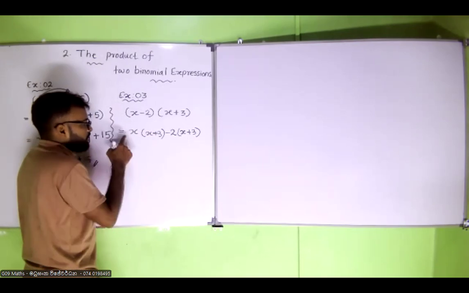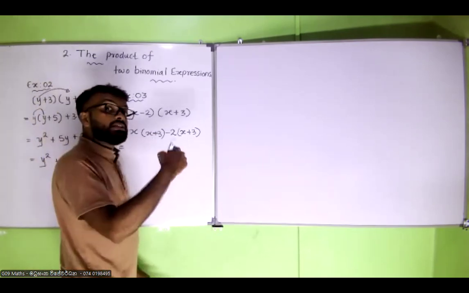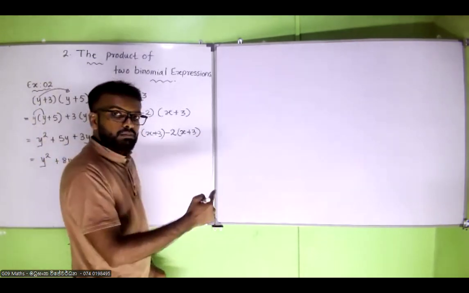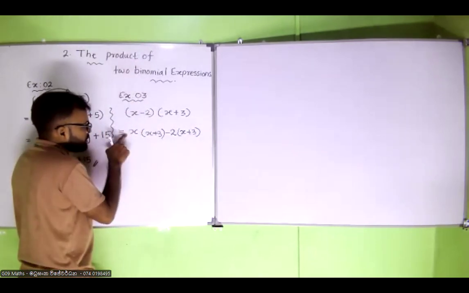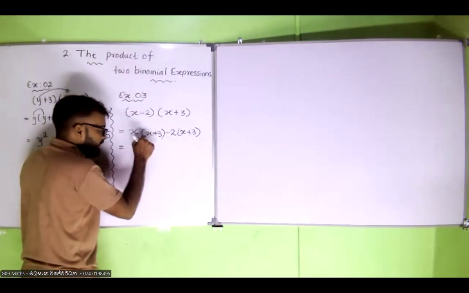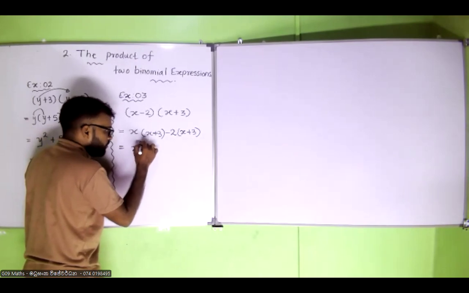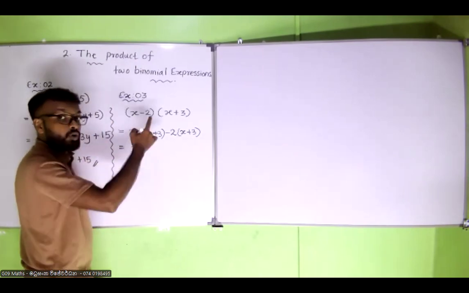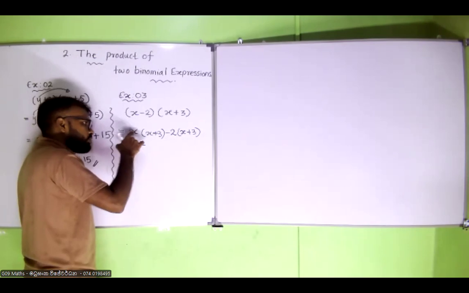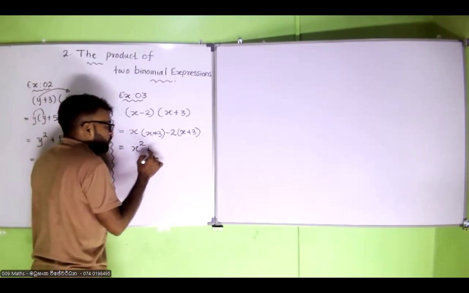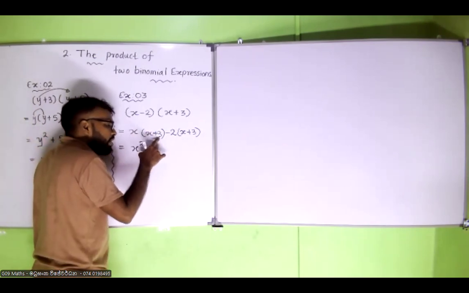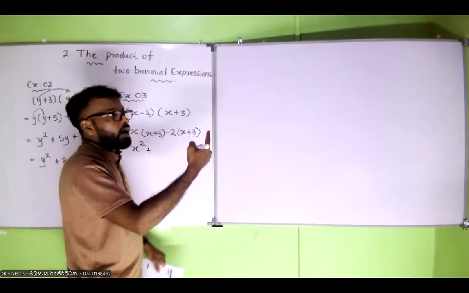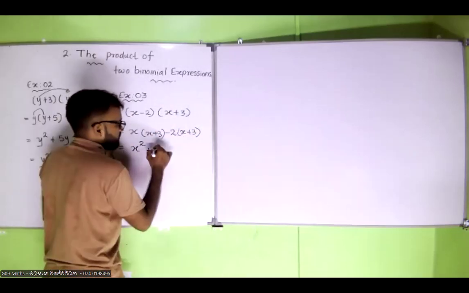Simplify the signs first, then go for the term or the number. Positive into positive, positive, x into x, x to the power 2. Positive into positive, positive, x multiplied by 3, 3x.